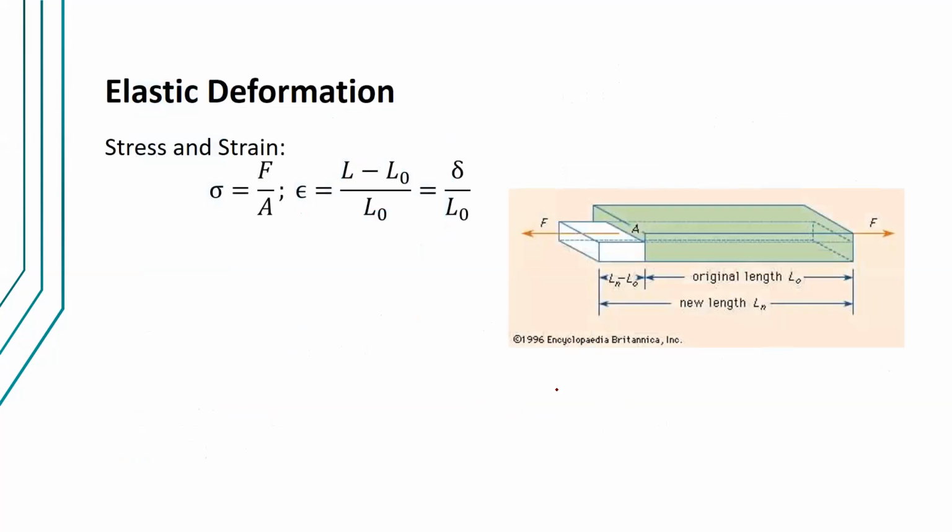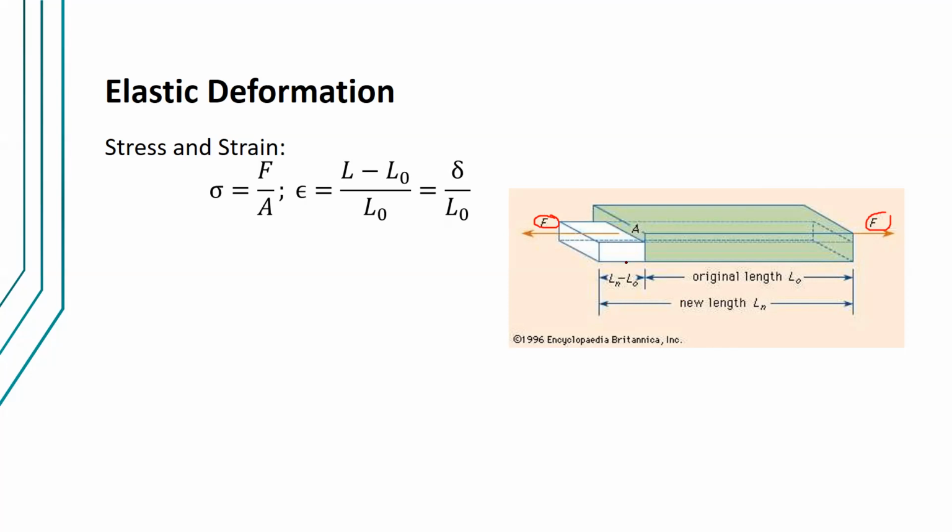Now let's talk about elastic deformation. So you have here an object and you apply some tensile force F. Now it has an original length L0, and when you apply the tensile force, it has now a new length Ln.